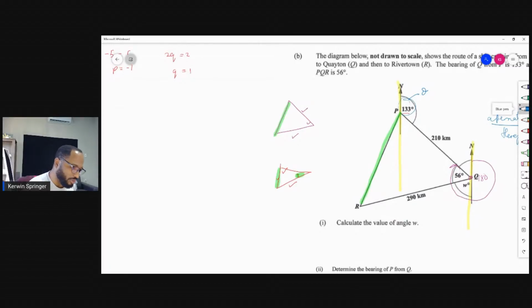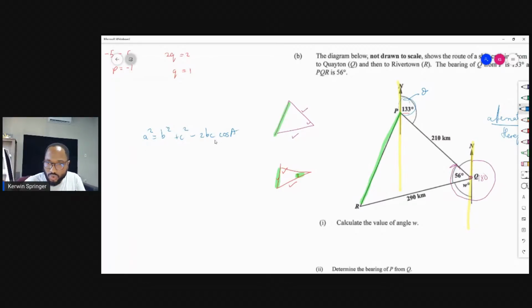So how I normally do it is c squared equals a squared plus b squared minus 2ab cos C. But the CXC one has it as a squared equals b squared plus c squared minus 2bc cos capital A. It doesn't matter, it's just which one you're calling a, b, and c. Yeah, that's what they normally give you.